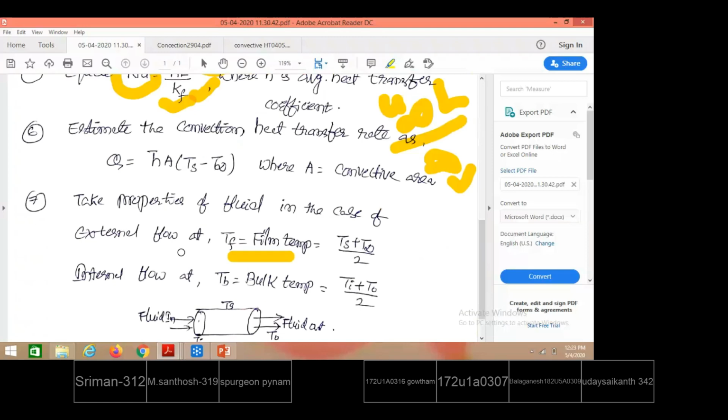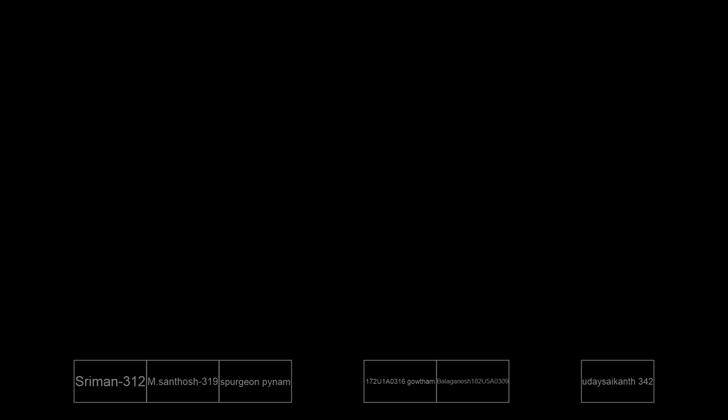Bulk temperature means the temperature possessed by the whole number of fluid particles. So within the tube or pipe, that is the average temperature of the fluid particles. If the entry temperature of the fluid particles is Ti and the exit temperature is To, the average temperature is what we call the bulk temperature. This is the temperature possessed by the whole number of fluid particles inside.